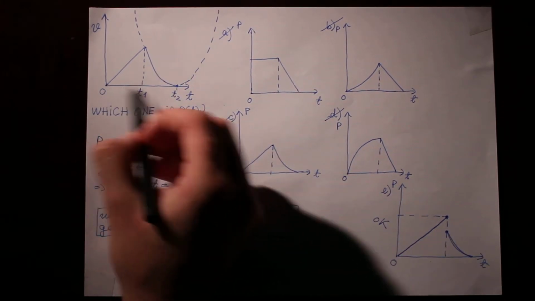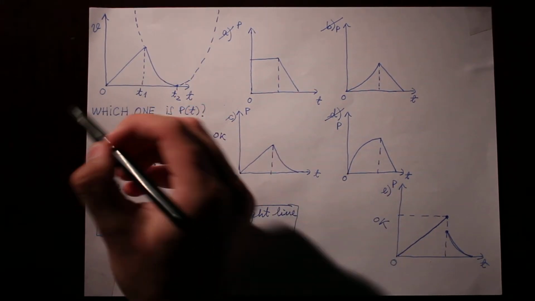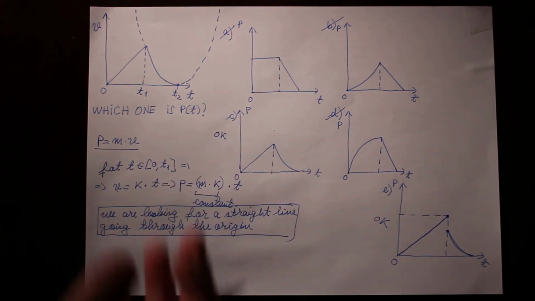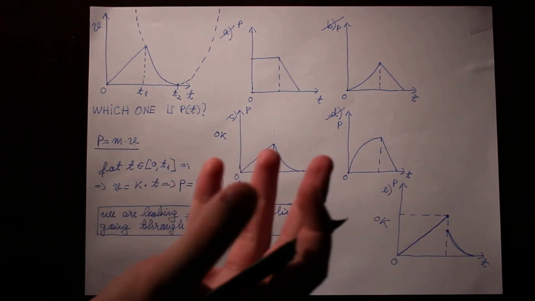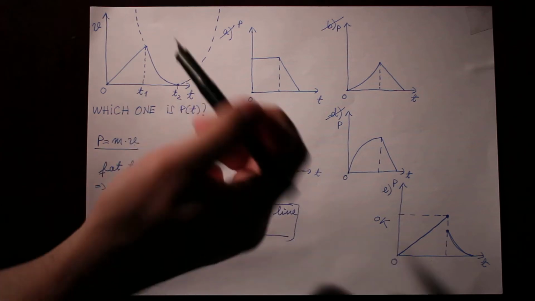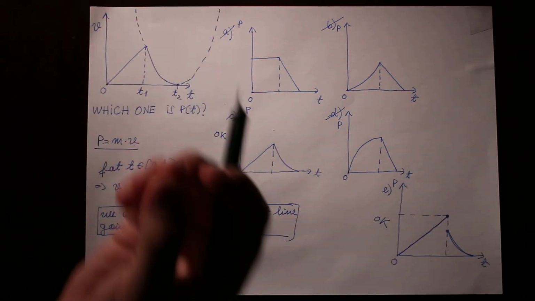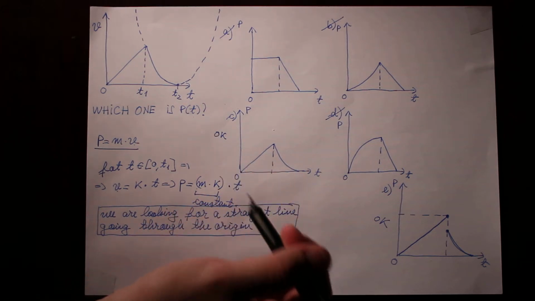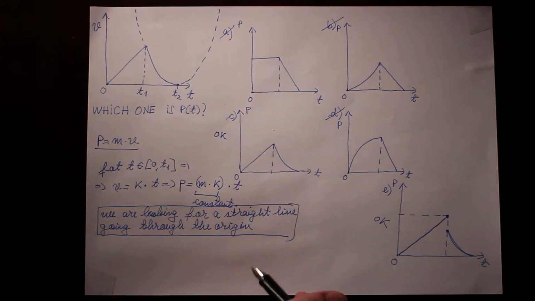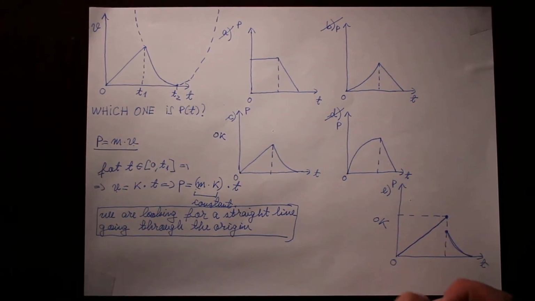Now, if we look at the velocity graph, we will see that it's continuous. Continuous means that it has no gaps, and so if the velocity is continuous and p is a constant multiplied by velocity, then the graph of p should also be continuous. Since this graph is not continuous, it's false.